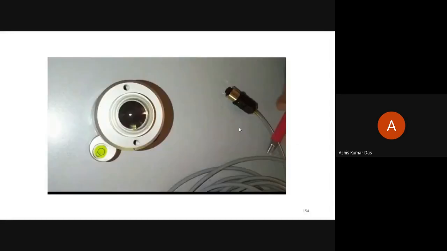Now this is the instrument. See this, this is a pyranometer, which gives an idea of what it is. You can see a glass bulb on top, and inside, if we look clearly, some black portion is there, and this is called the thermopile.